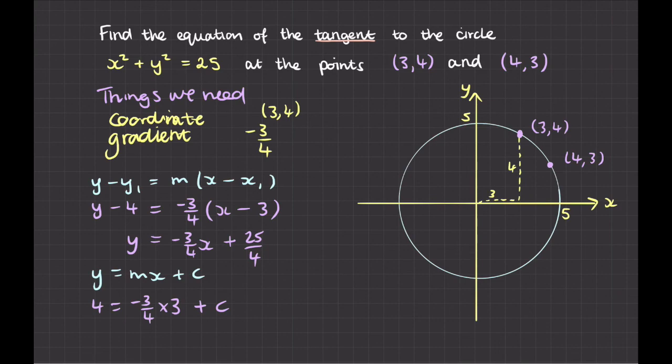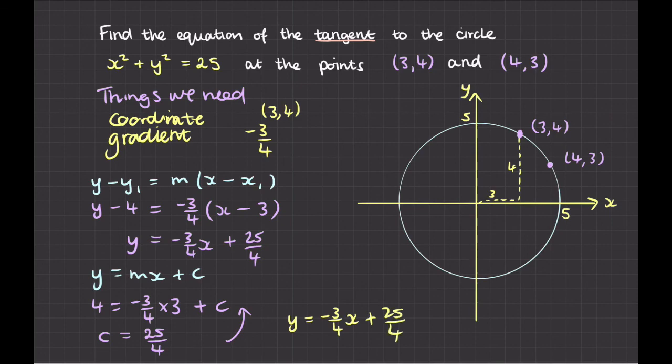So I get my plus c here is equal to 25/4, and then what I have to do is go back and rewrite it into the equation of a straight line. So your answer is again the same answer, y equals minus 3/4 x plus 25/4.